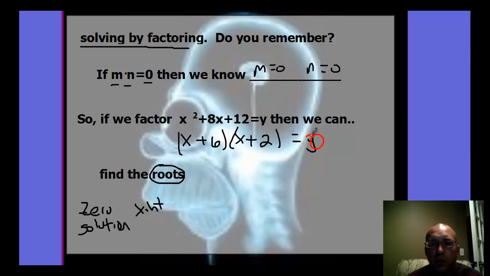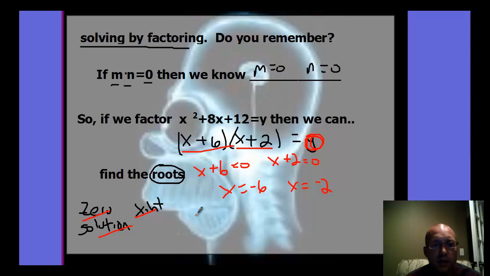We'll show you how to represent these a little differently, how you show your solution, but the setup is the same, where you set each quantity equal to 0. Then you solve. So x is -6 or x is -2. Now, these will be the roots.